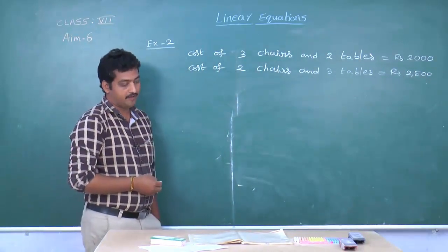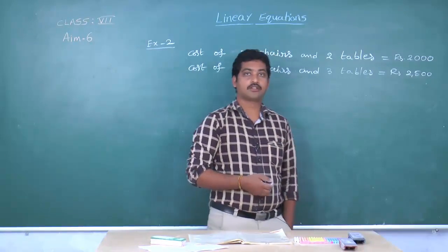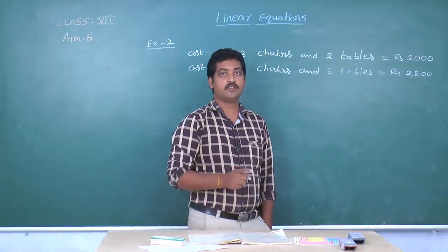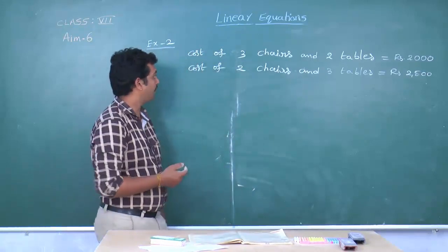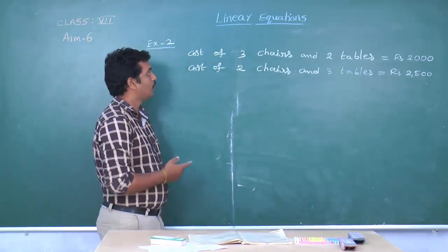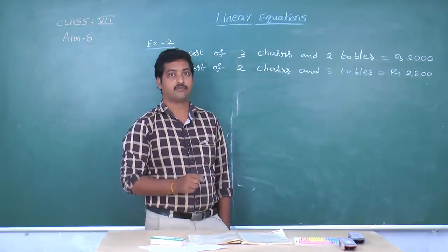Now the requirement is the cost of 1 table and 5 chairs. I have to find the cost of 1 table and 5 chairs, that is the requirement.